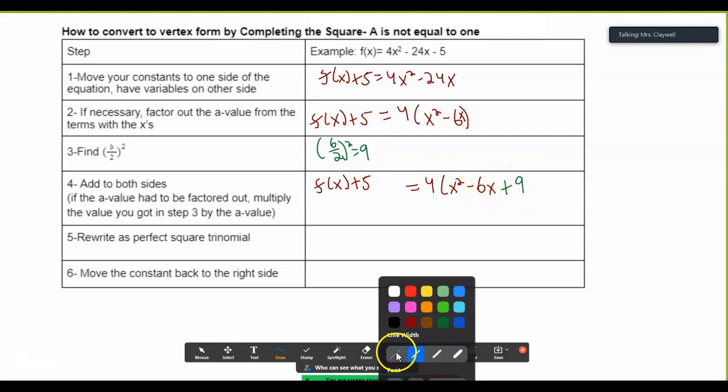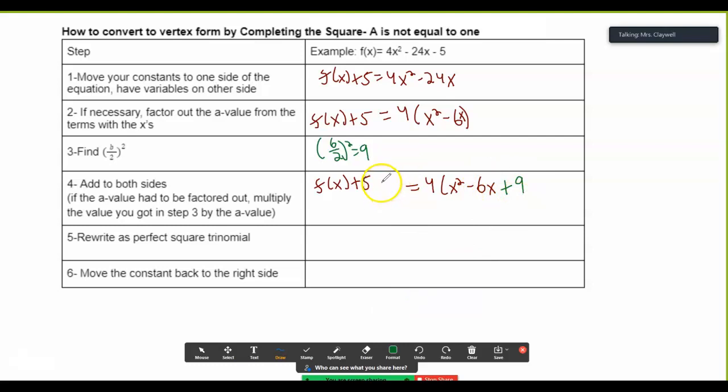So I need to add 9 to this side. That's really 9 times 4, so that's really adding 36 to both sides.